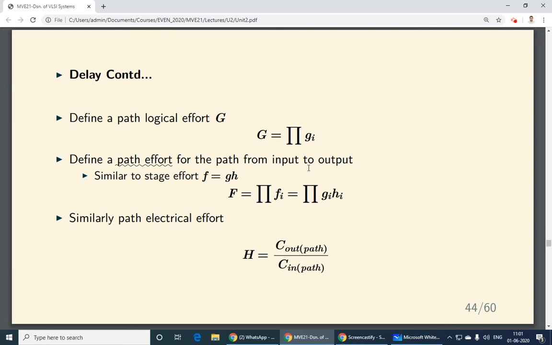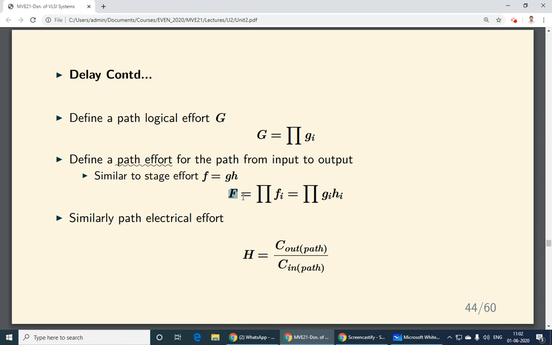So this product, that is the capital F, we can write for any path without knowing the individual sizes. Okay, because we know the small g for every gate. Once the gate is set, I know the logical effort. Similarly, output capacitance, input capacitance will be known because that has to be decided beforehand. So this whole thing, that is capital F, okay, for any path will be known beforehand.